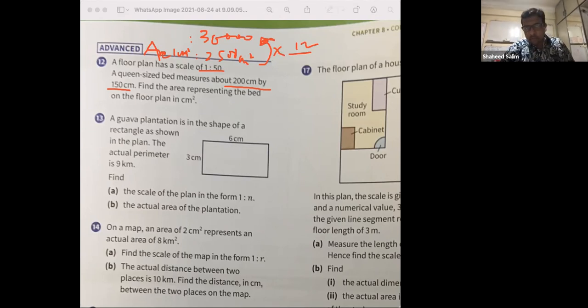Are you confused or not? Okay, you try the second one then.